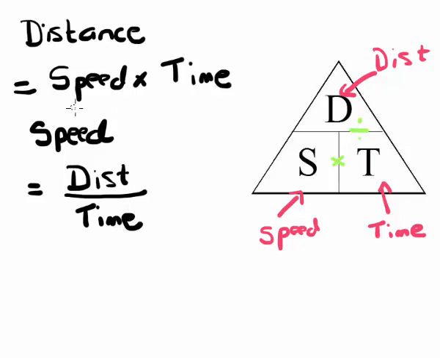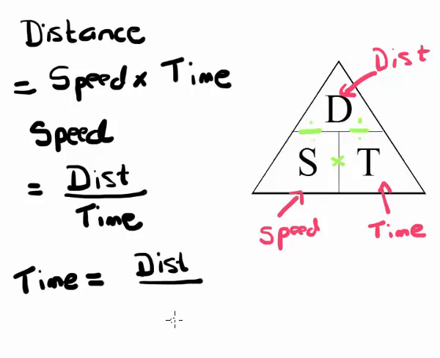And then finally, when we want to calculate time, which is at the bottom, we take these two quantities and divide them. So our time is going to be our distance divided by the speed.